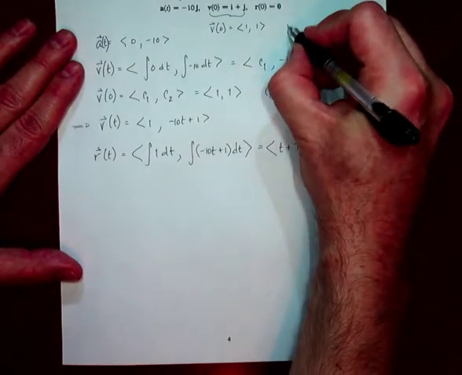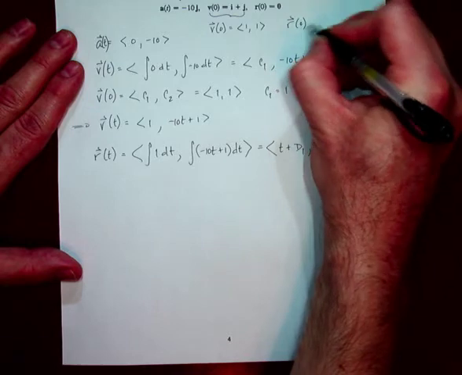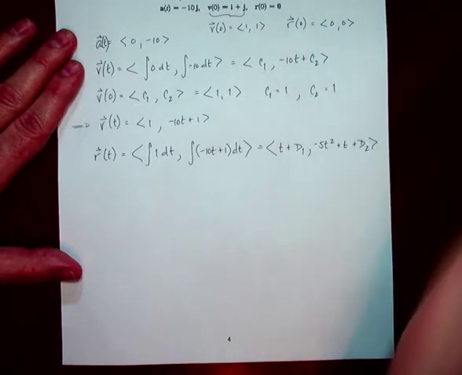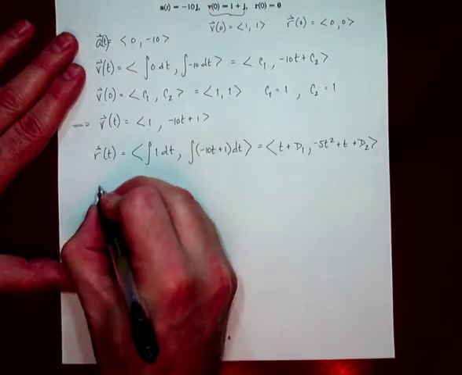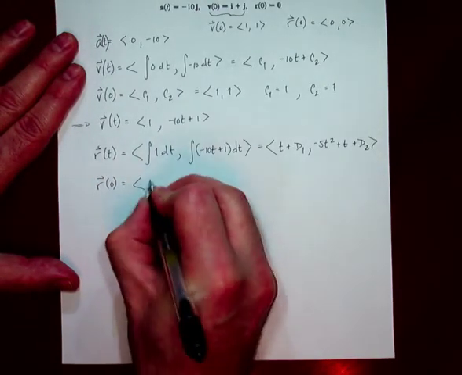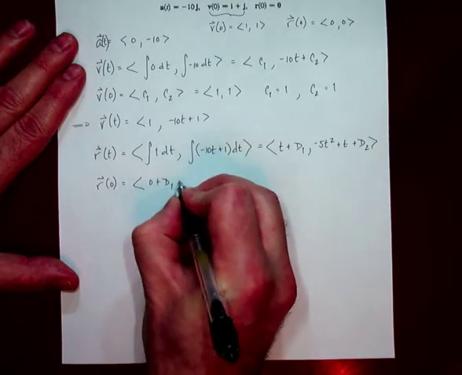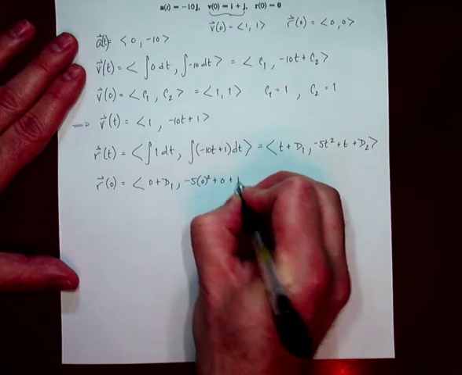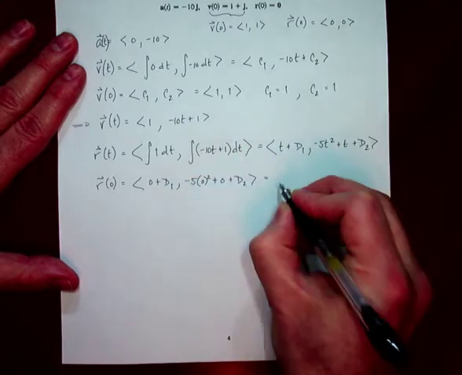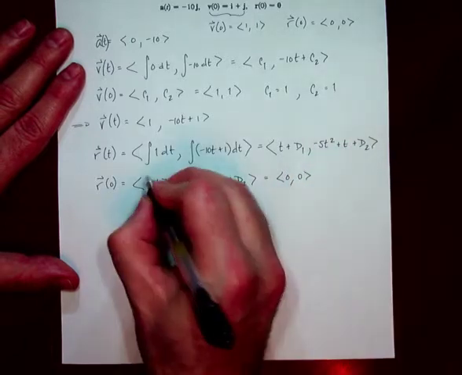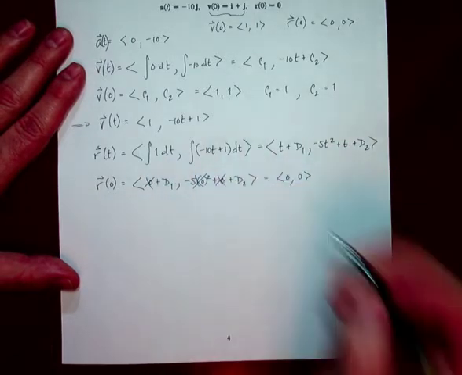Now, up here, this r of 0, if it's the 0 vector, then it's 0, 0. And therefore, if I'm going to plug in 0, I'm going to get 0 plus d1, and negative 5 times 0 squared plus 0 plus d2, and that's going to be equal to 0 and 0. Well, that's 0, that's 0, that's 0.